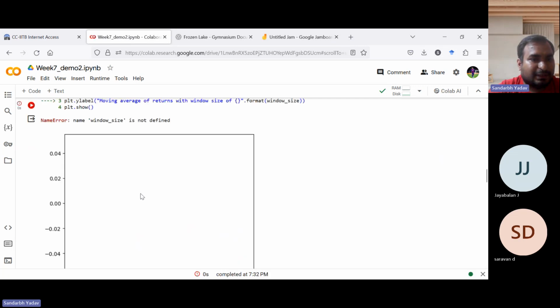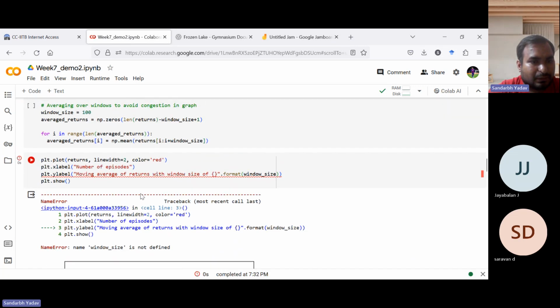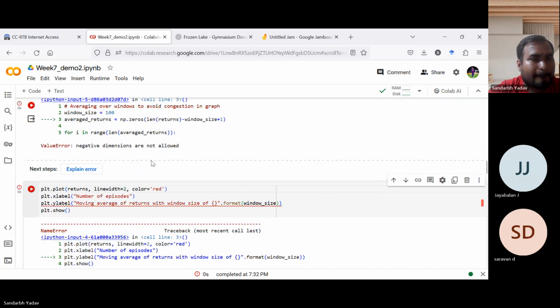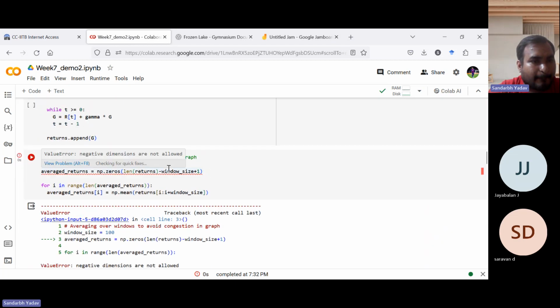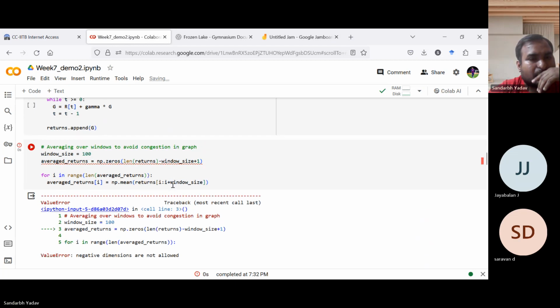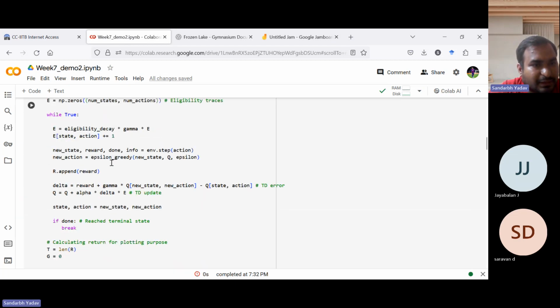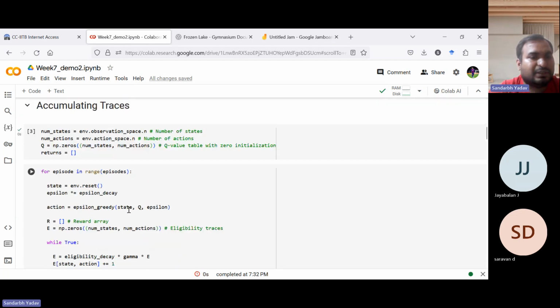You don't see anything. Okay, so what is the issue? Okay, this is not defined. Maybe I'll run this first. Negative dimensions are not allowed. Did we run this? Oh, we didn't run this.